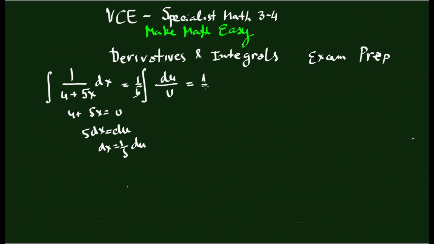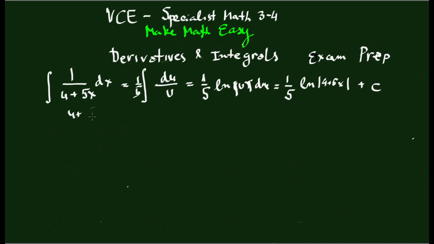So that's 1/5 of natural logarithm of u du, which is 1/5 of, that's an absolute value if you remember there, ln absolute value of 4 plus 5x plus c. That's our first logarithm. Oh no, first integral.